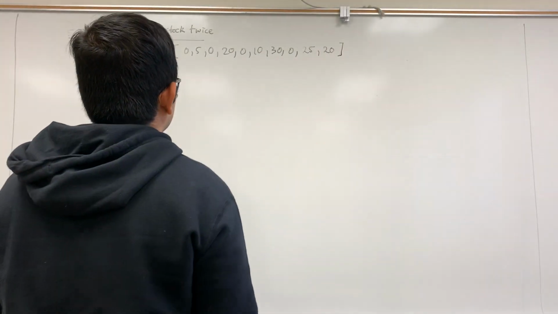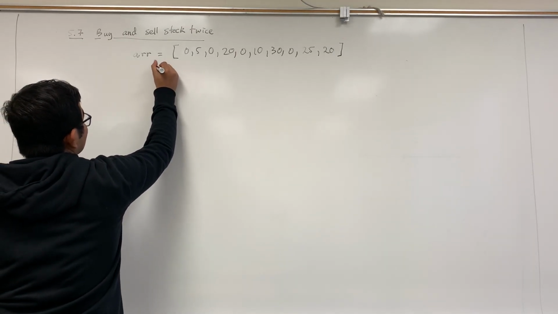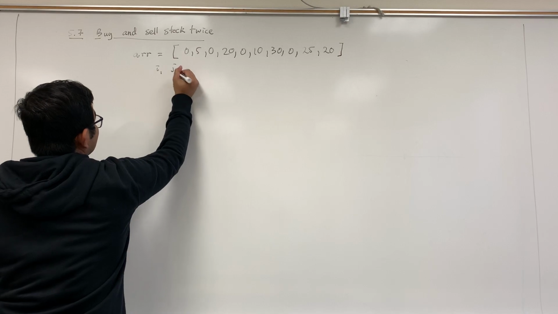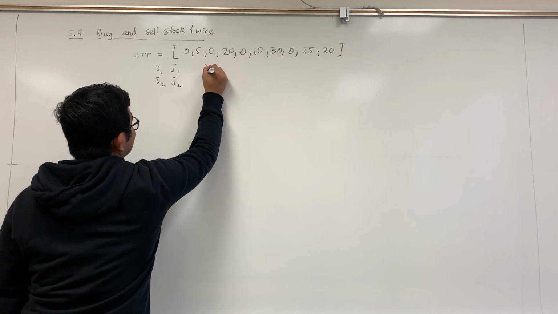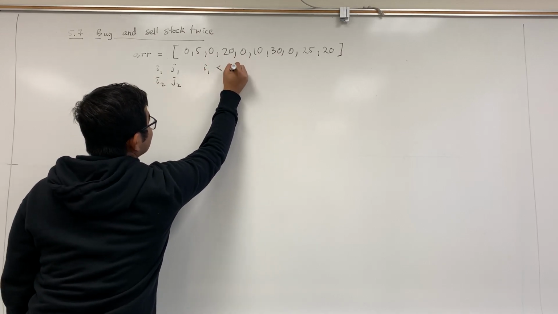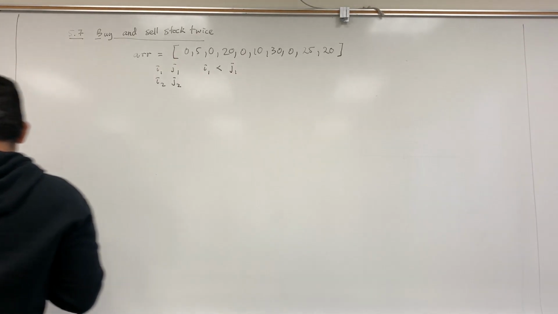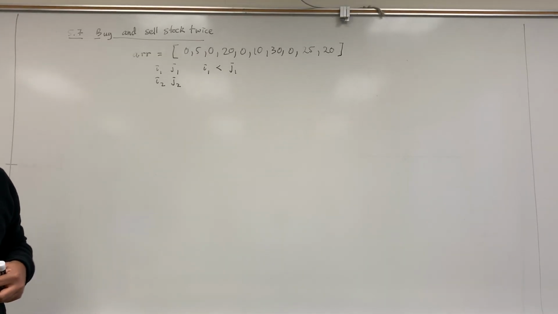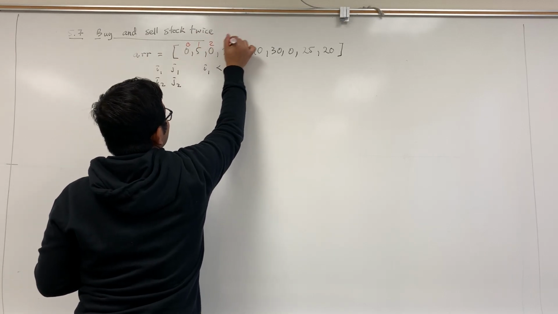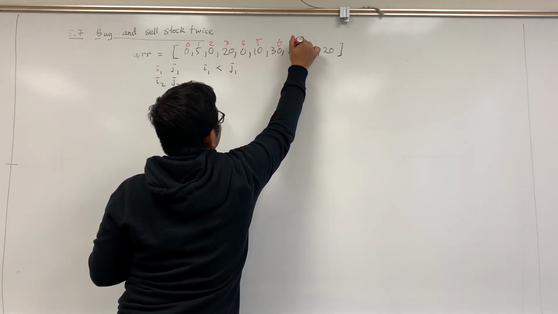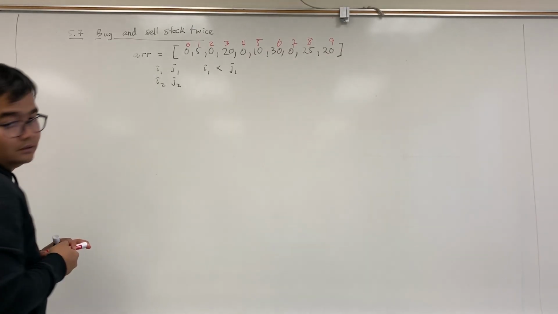So how would I approach this? The idea is we need to find I1, J1, and I2, and J2. And we know that I1 has to be less than J1. I is basically the index. So right here we have index 0, 1, 2, 3, 4, 5, 6, 7, 8, 9.